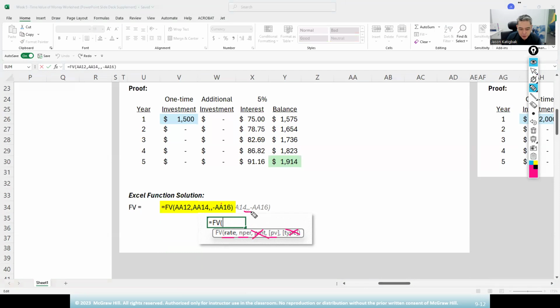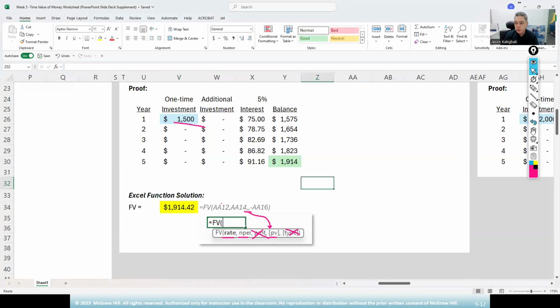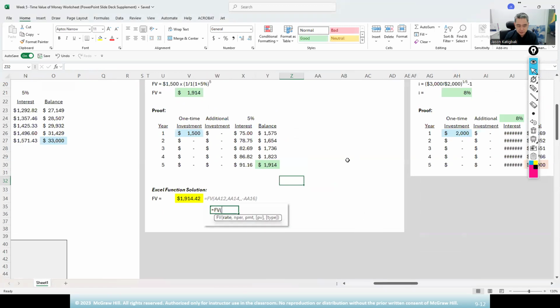That's why you can see that there are two commas there, because you skipped the payment, and then you went to the present value, which is the given 1,500. From there, what you're going to get is 1,914. What does it mean?